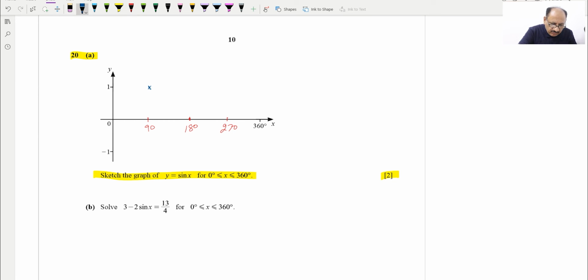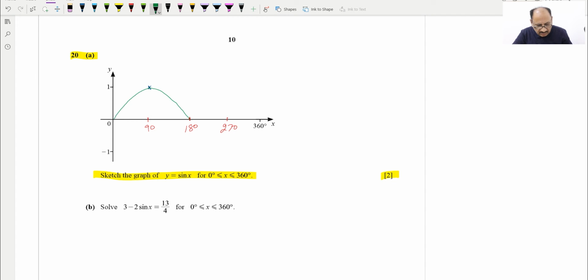Okay, and now we can draw the curve like this one, and from this side also we need to draw. I'm drawing on the smooth screen, that's why it's a little difficult.